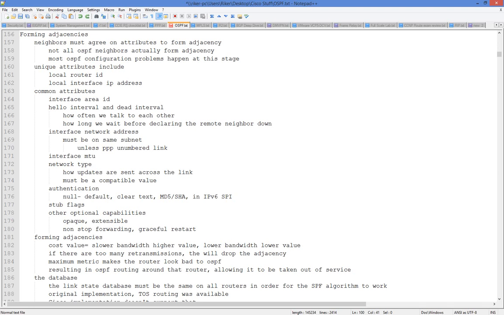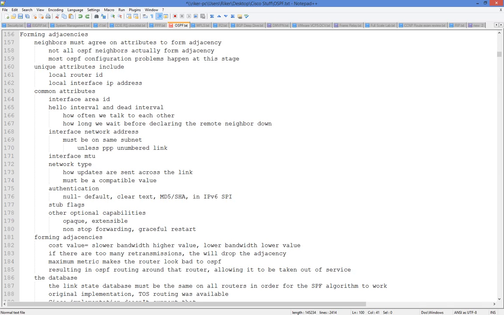The reason for that is if you have a mismatching network type, for instance point-to-point on one end and broadcast or network on the other, then one is using a Type 2 LSA, the other one is not. We'll get into that more in detail later on, but that just gives you an idea of how that would break down.